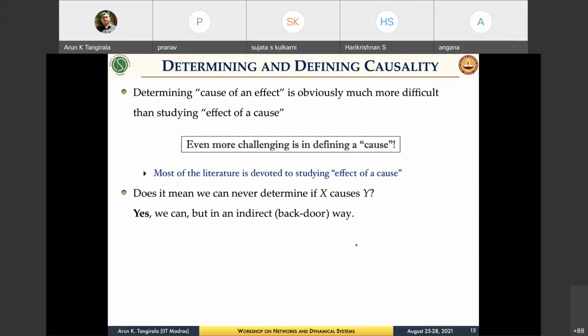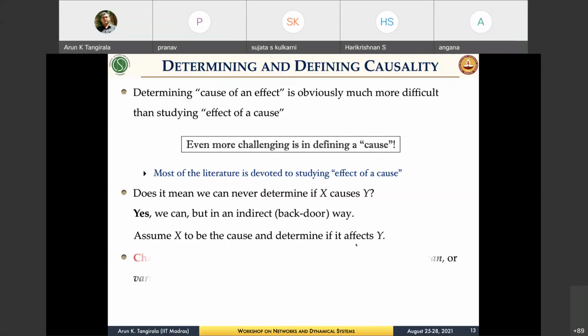So does it mean we can never determine if X causes Y? Yes, we can, but in a backdoor way. That means you assume that X causes Y and test for it. Which means that I can never figure out all the causes for Y, but I can pick one potential factor and figure out what to do. And that's what we normally do.